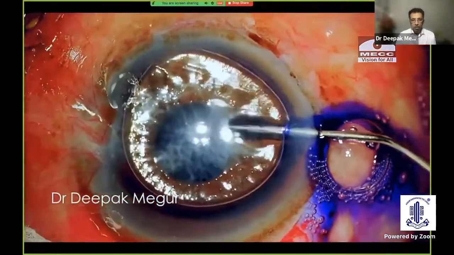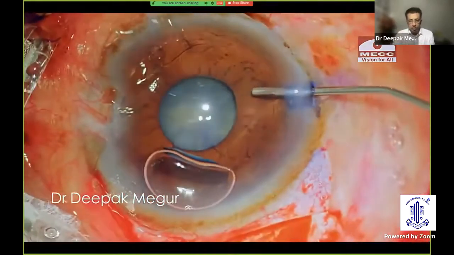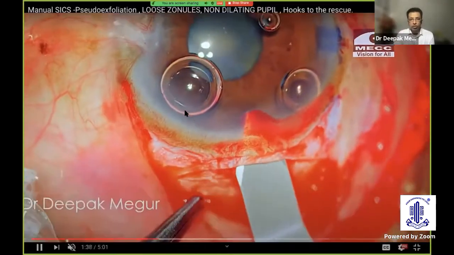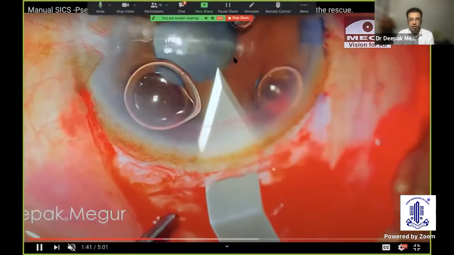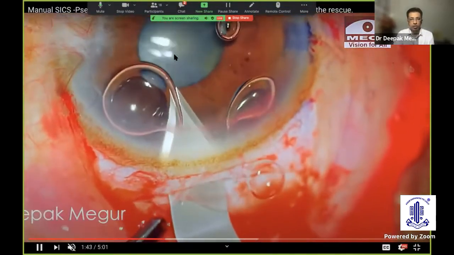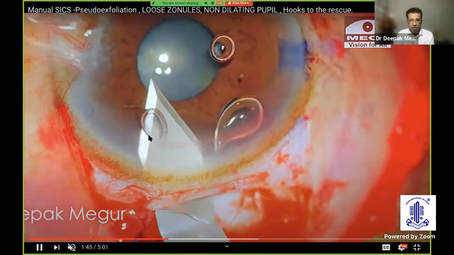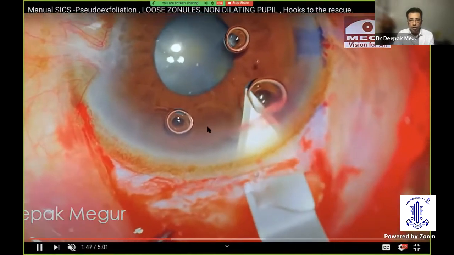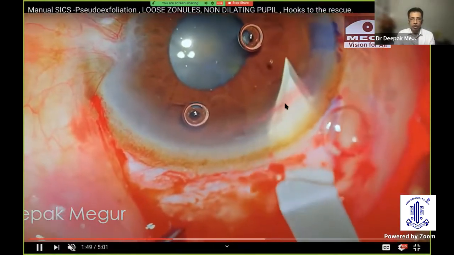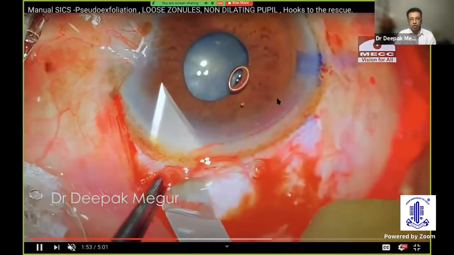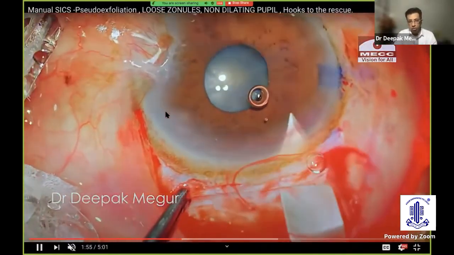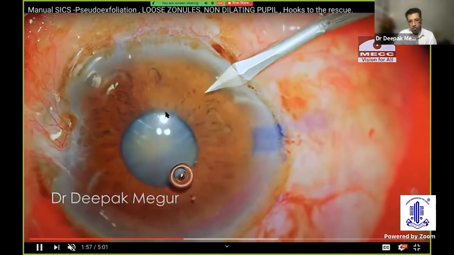The strategy is, first, I want to make a bigger rhexis. The biggest limitation for me is the size of the pupil. You can see the incision has to be always parallel to the limbus so that the valvular effect is not lost. So this step is critical. Even if you go up to 7.5 millimeters, you have a self-sealing nature.